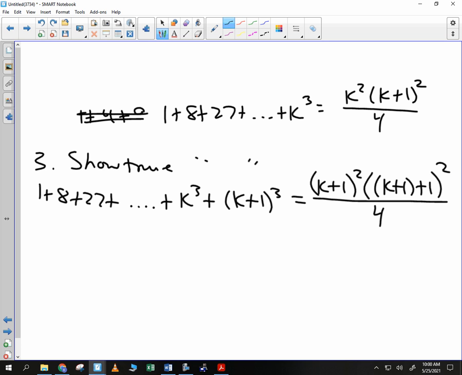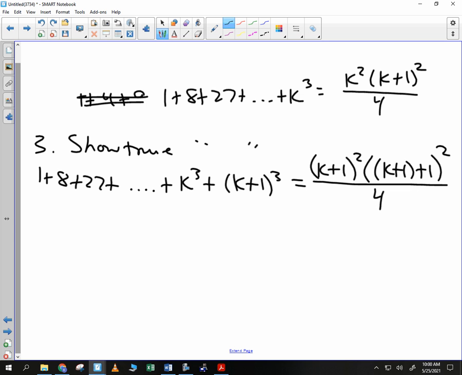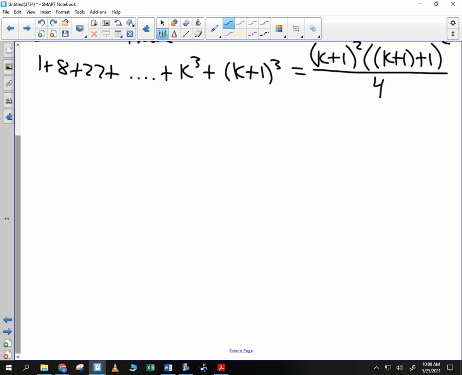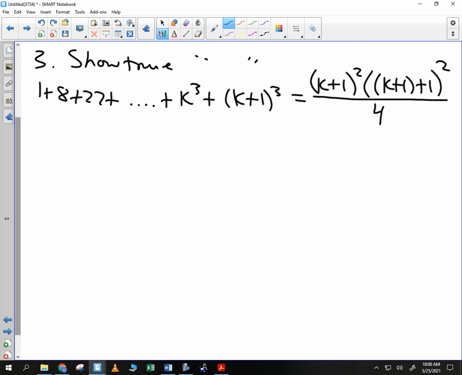Okay, watch my little trick. A lot of you got to that point where you're using synthetic division, making the right look like the left. Great work. That always works. Sometimes it takes a little while, but it always works. Can I show you a little trick? For this, I will put in its place k squared times k plus 1 squared all over 4.